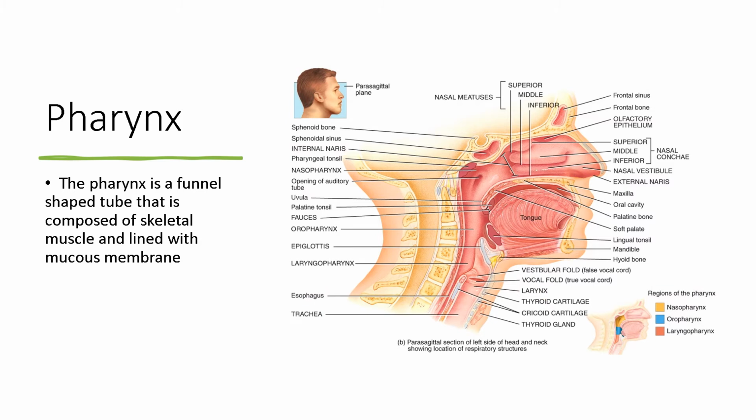Now the pharynx is composed of skeletal muscle and lined by mucous membrane, and we know that it's divided into three parts: the nasopharynx, oropharynx, and laryngopharynx. The nasopharynx functions only in respiration, so it's only part of the respiratory tract, but both the oropharynx and laryngopharynx have digestive functions as well as respiratory functions.